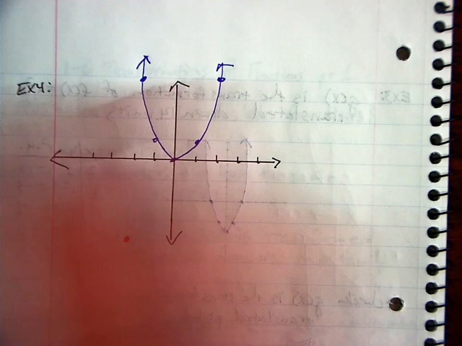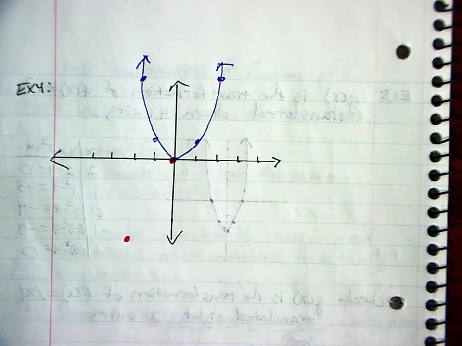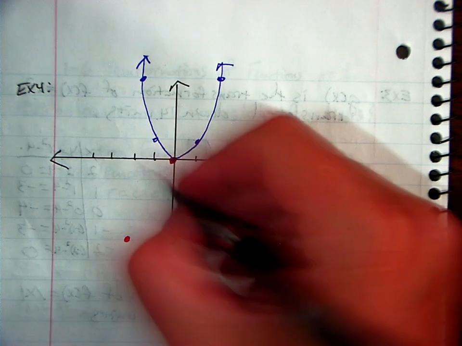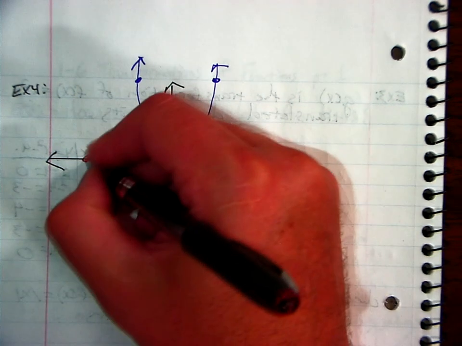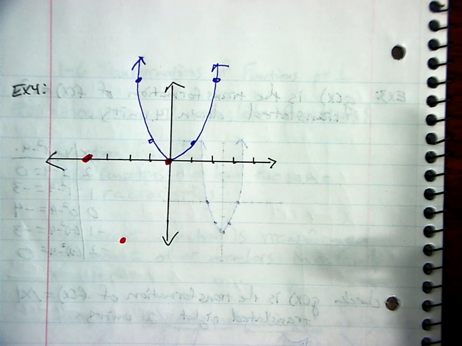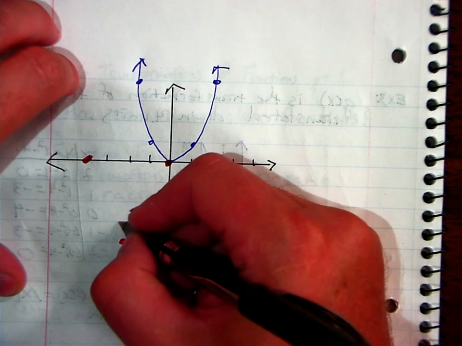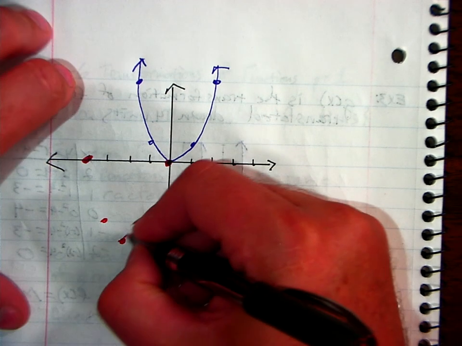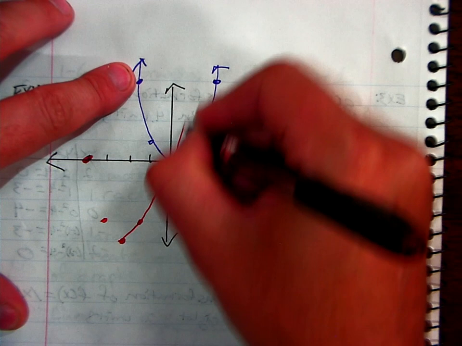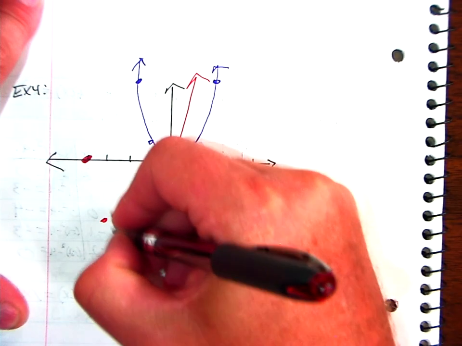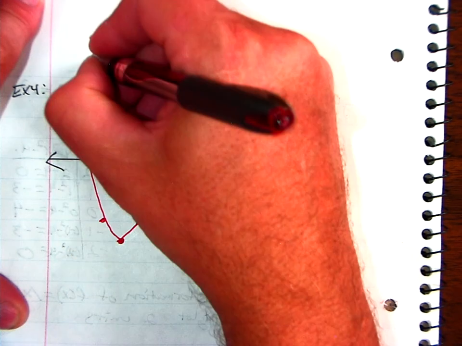And then it goes through the origin. And then it goes through negative 4, 0. And now just draw a parabola that goes through those points there. There we go.